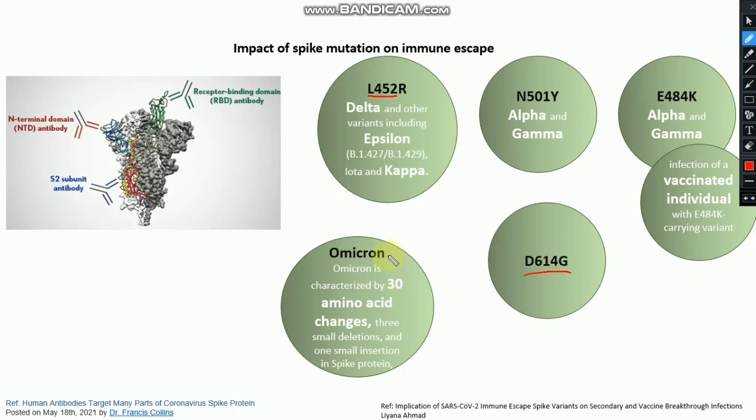And the Omicron variant is the latest variant, and it has a lot of mutations, like 30 amino acid changes, 3 small deletions, and 1 small insertion in the spike protein. Because of this many mutations, this virus has a higher transmissibility rate and lower deadliness.